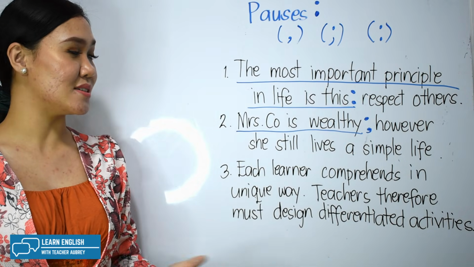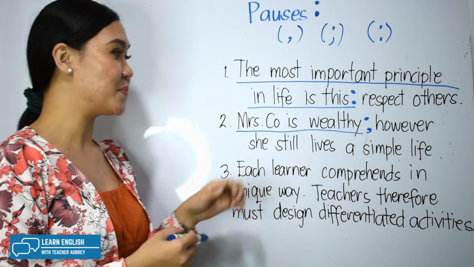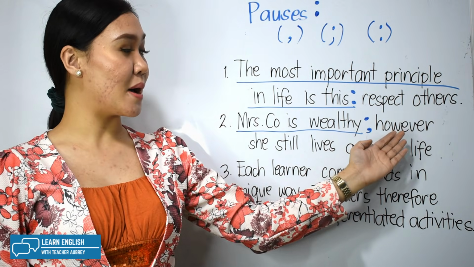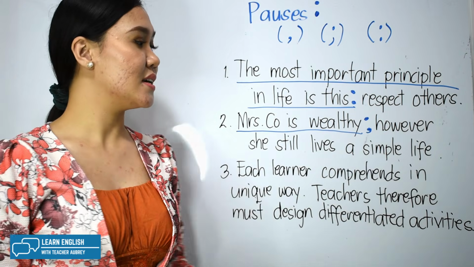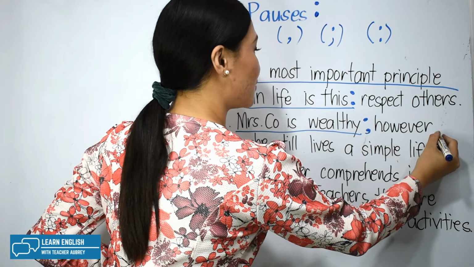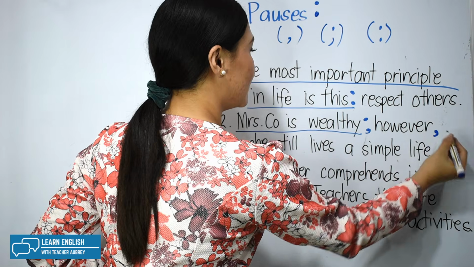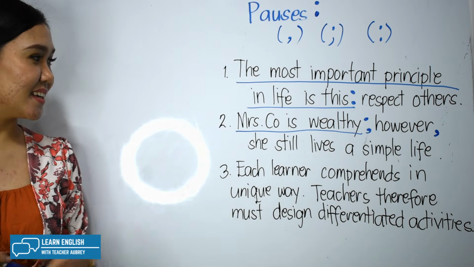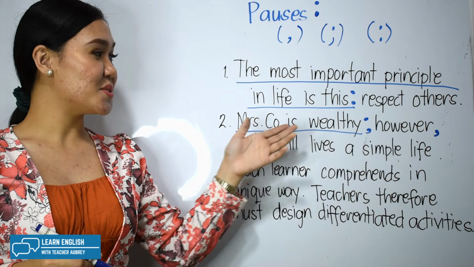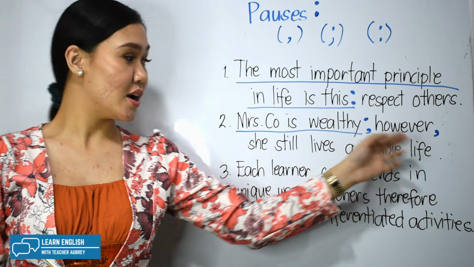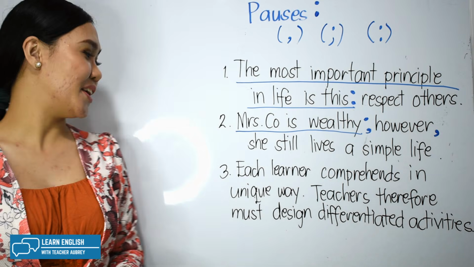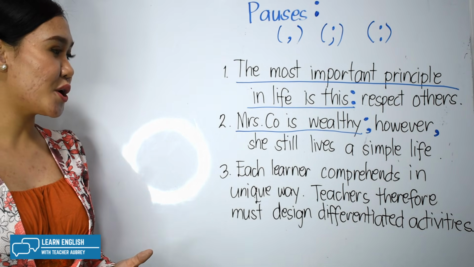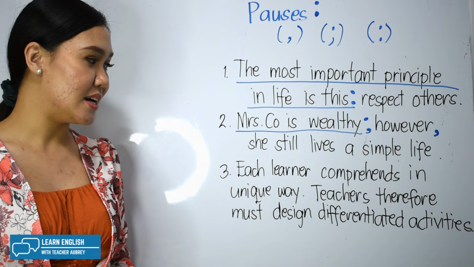However, she still lives a simple life. Pero may kulang pa. After the conjunctive adverb, however, after this word, kailangan huminto tayo saglit. Magdadagdag tayo ng comma. Mrs. Ko is wealthy; however, she still lives a simple life. Period.